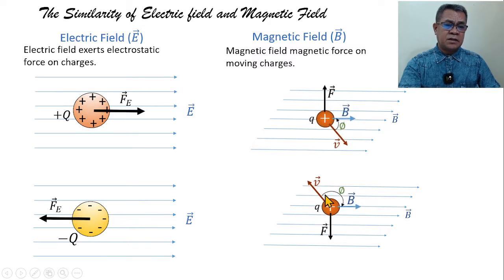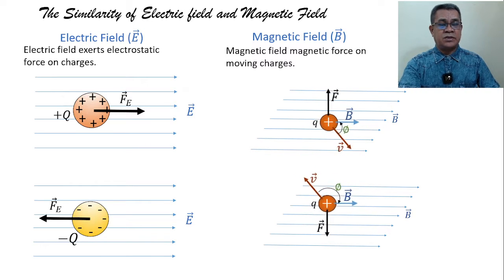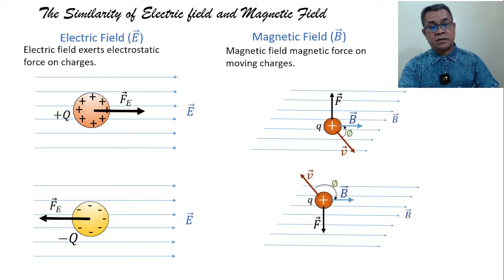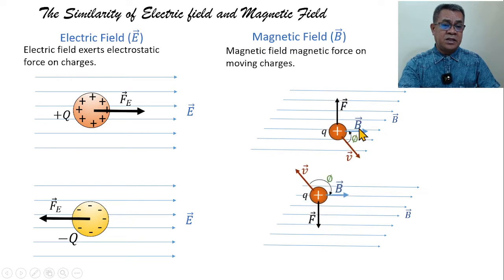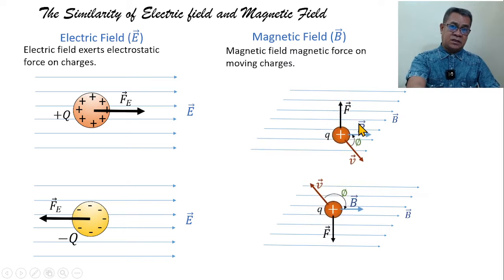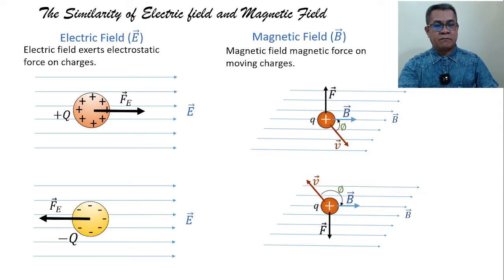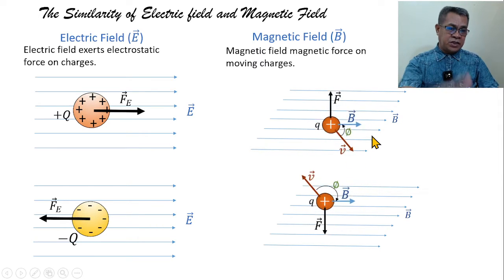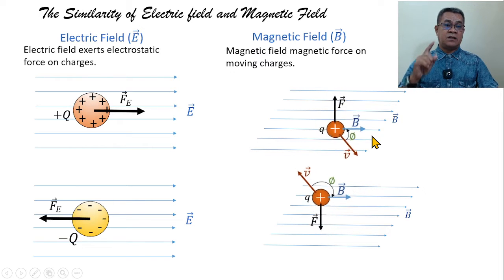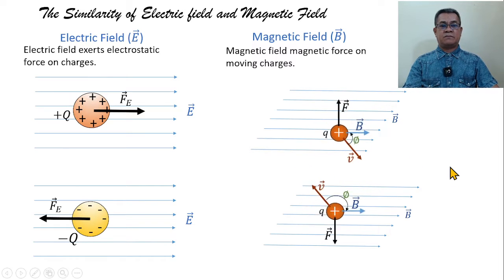Notice that this is a three-dimensional problem, because the velocity and magnetic field lie on a plane, and the force is perpendicular to that plane.